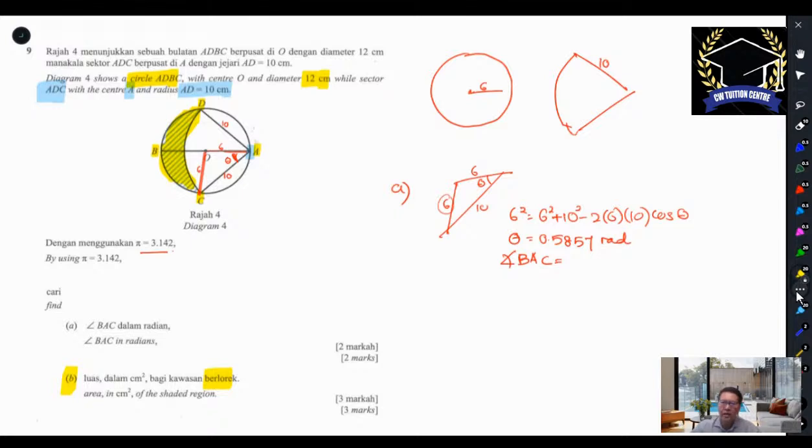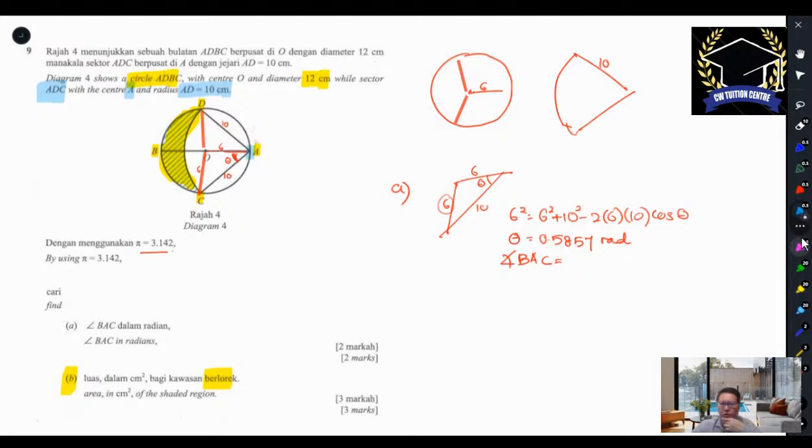Whilst kawasan berlorek right here is, I would be using this part, which is here. Let's see which area should we use to find the shaded region.